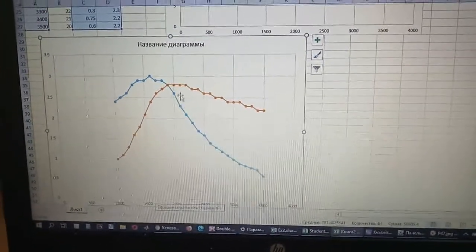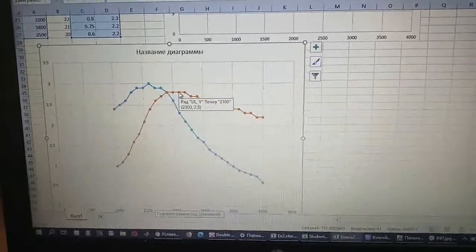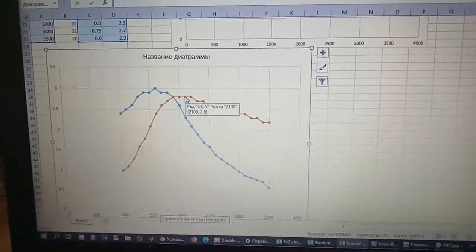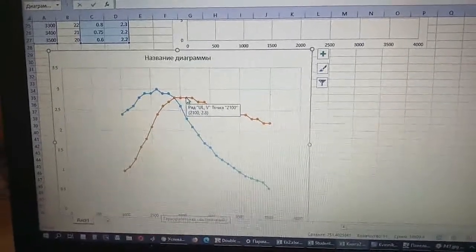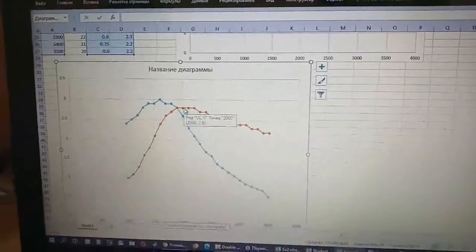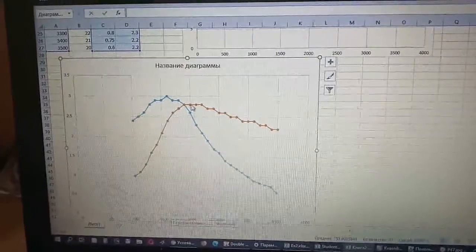Maximum value for UL is shifted to larger frequencies, and it is probably at 2100 or 2000 exactly, somewhere here.